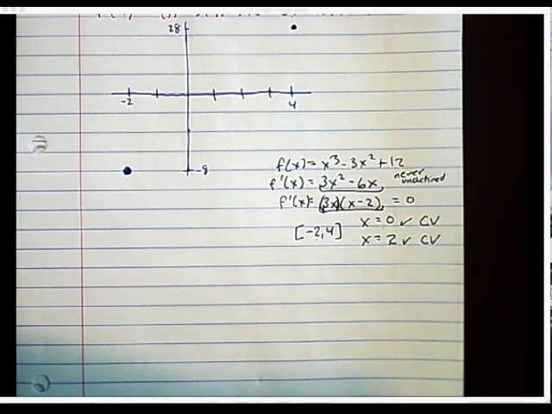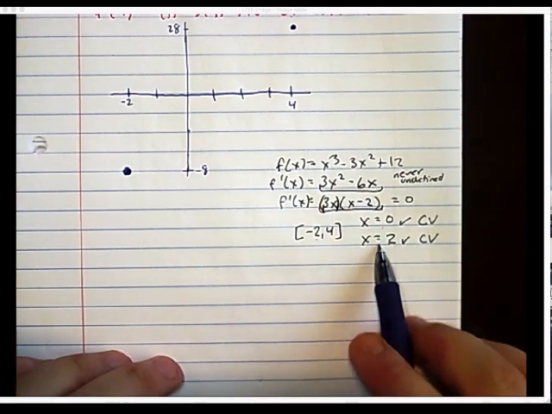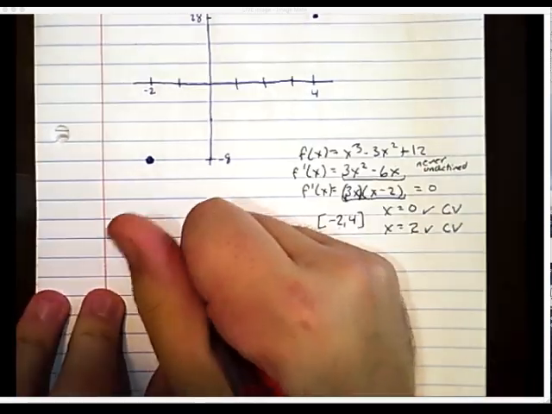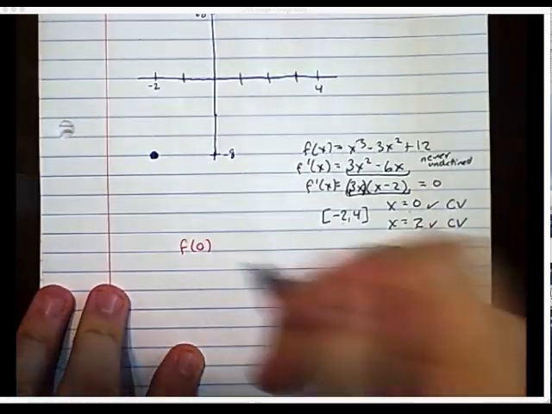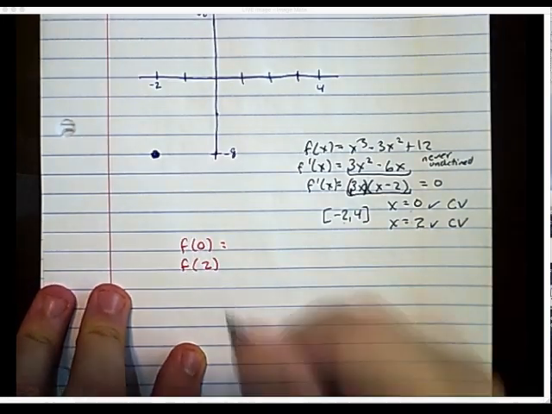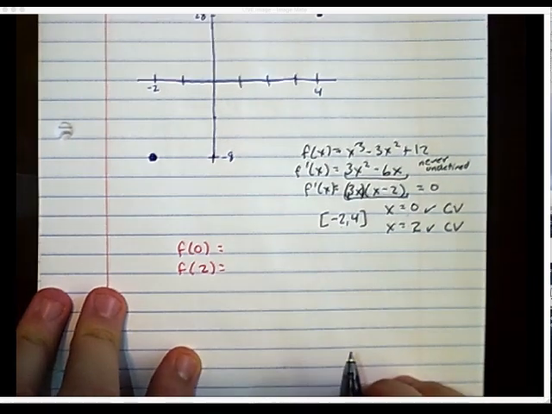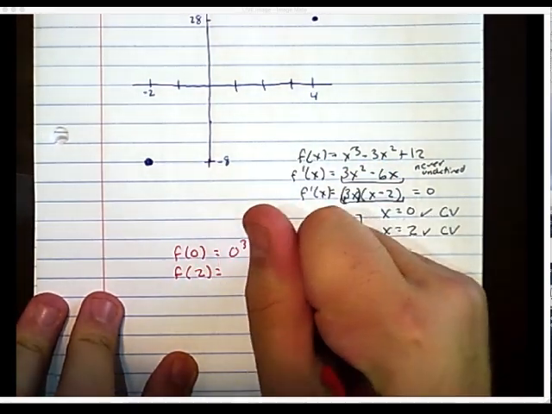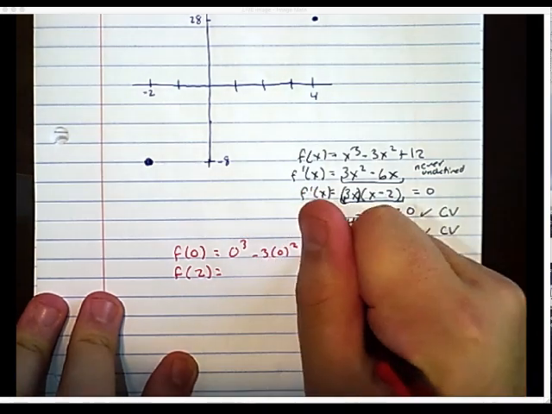So now we have to find the y values for these x values. Okay? So now I have to find f of 0, and I have to find f of 2. So if I plug 0 back into the original, that's 0 cubed minus 3 times 0 squared plus 12.